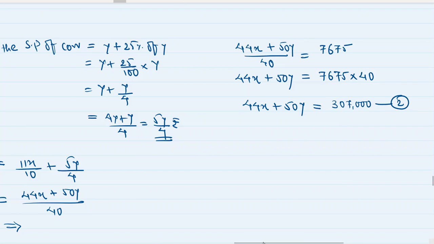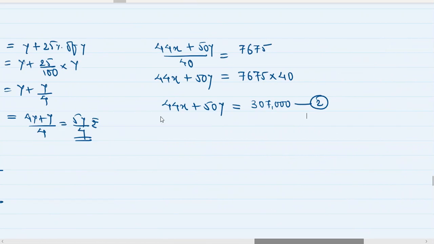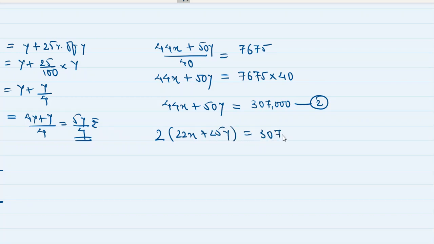What was your equation number 1? Your equation number 1, I'll just show you here. 25x plus 22y. Here also you can get similar coefficients. So if you take out 2 common, it will become 22x plus 25y is equal to 3,07,000, divided by 2, which is 1,53,500.